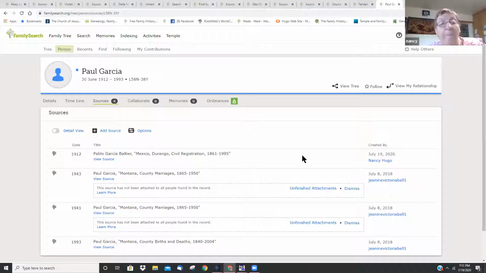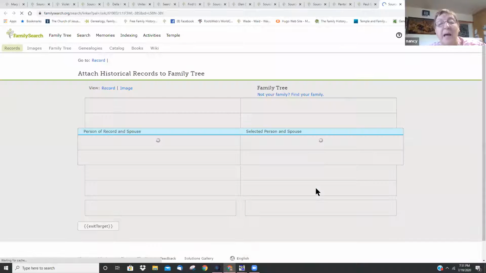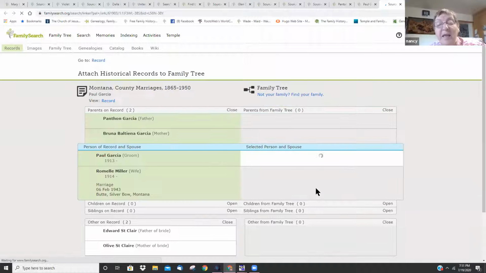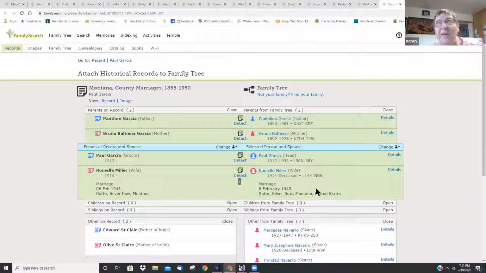As we look now at Paul Garcia's page, we see that there is one record, and it was the Montana County marriages. You suppose Paul ended up in Montana getting married? By finding him in this family in the 1910 census. The 1910 census told us that he immigrated to the United States in 1902, or maybe it was 1905.